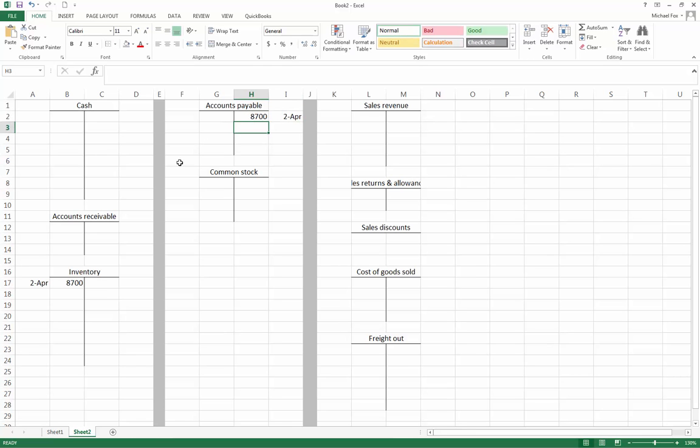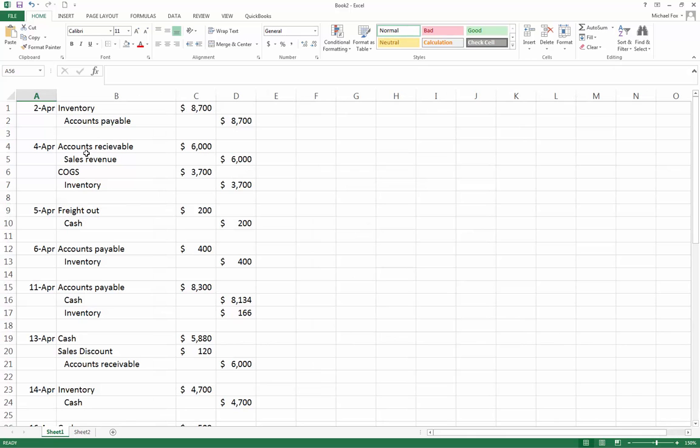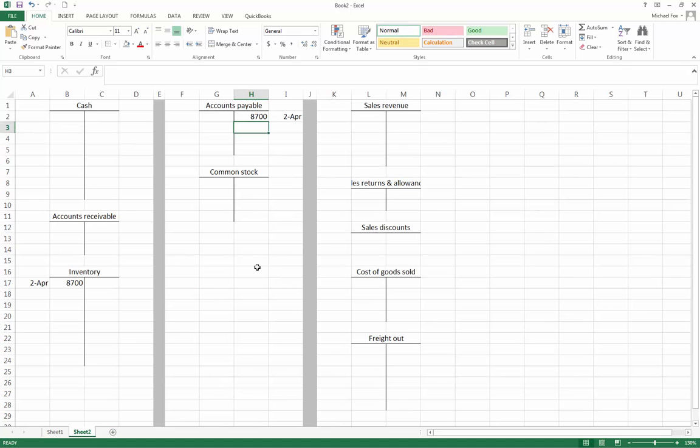Next, we have accounts receivable, a debit of 6,000, and sales revenue has a credit. So 6,000 on 4/4, and sales revenue has a credit of 6,000 on 4/4.